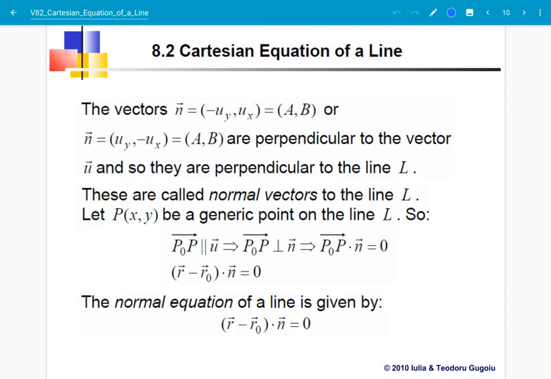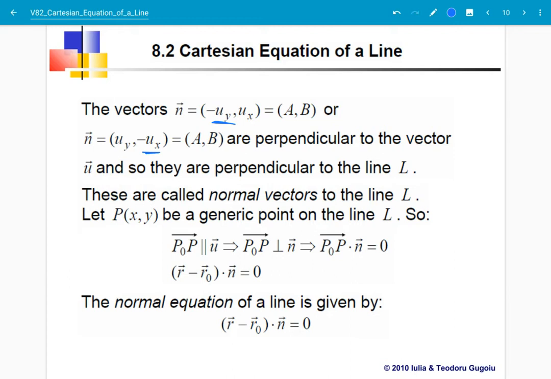For the direction vector means you change the x and y component and make either the y component or the x component negative, right? There's the y component negative, there's the x component negative. So that becomes perpendicular to u, right?